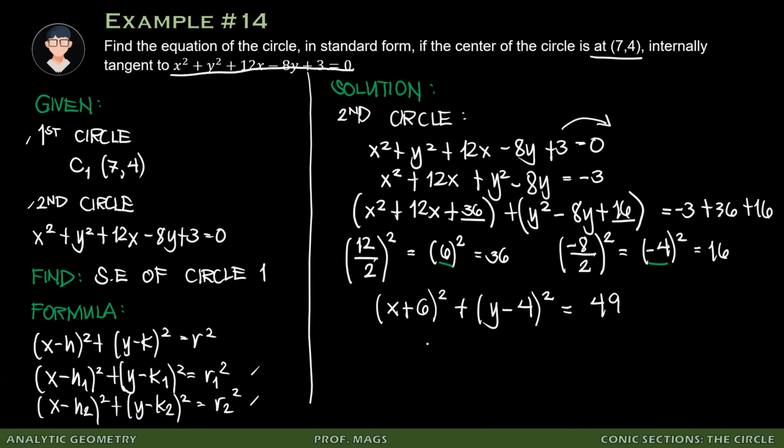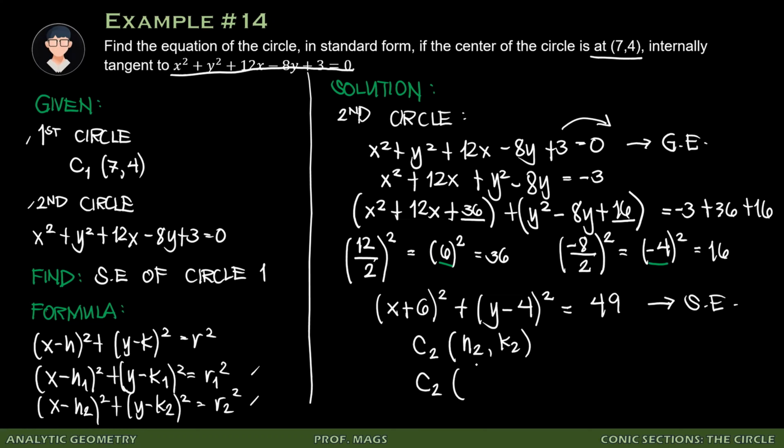So, dito, sa pagkuha natin ng C sub 2, take note ang ating nagawang process ay from general equation, GE, to standard equation. Okay? So, C sub 2 is H sub 2 and K sub 2. Right? Okay. So, hindi mo yan i-direct substitution dito. Hindi yung 6 ay sa-substitute mo lang dito.